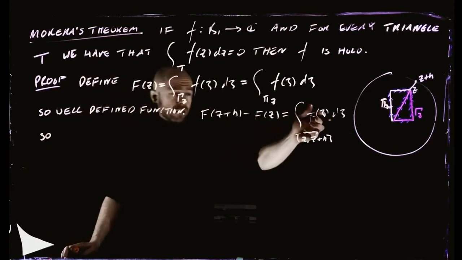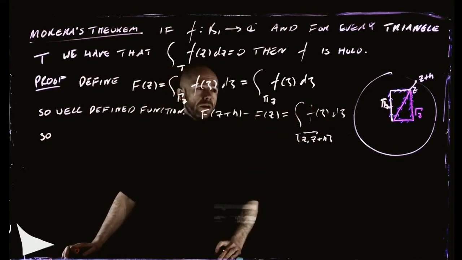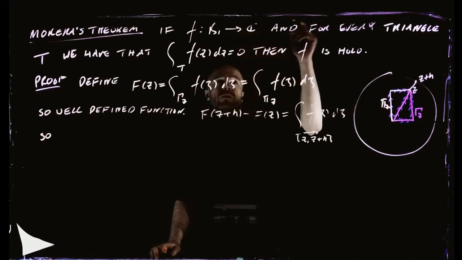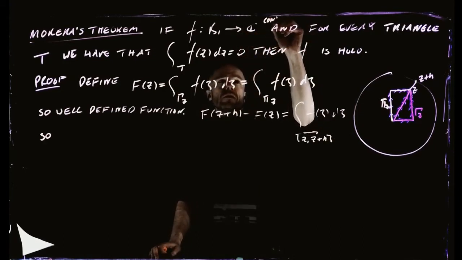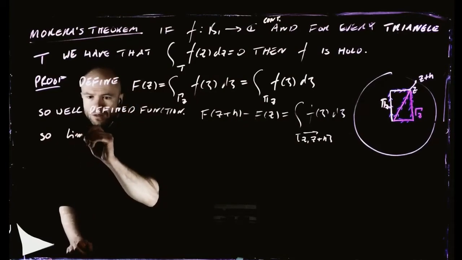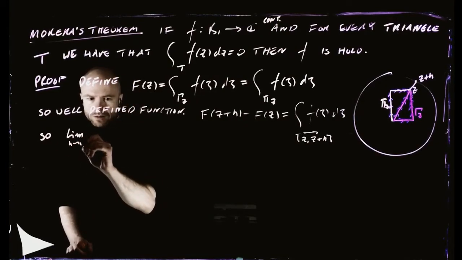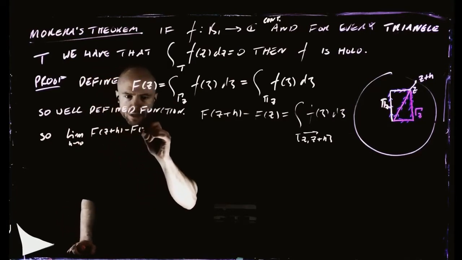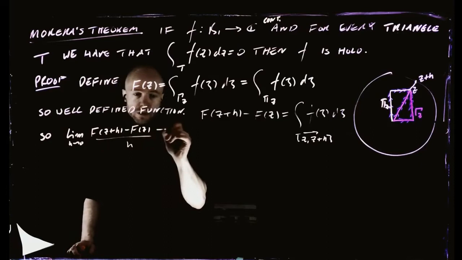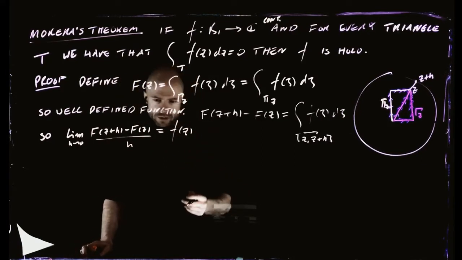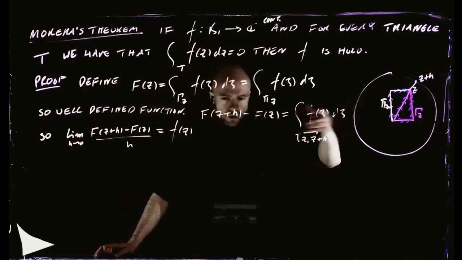Just by the fact that this thing is continuous, which I didn't say, the limit as h goes to 0 of F of z plus h minus F of z over h is just equal to f of z. If you just write out the integral, we did this argument before.